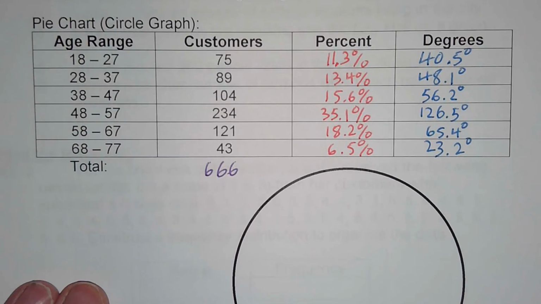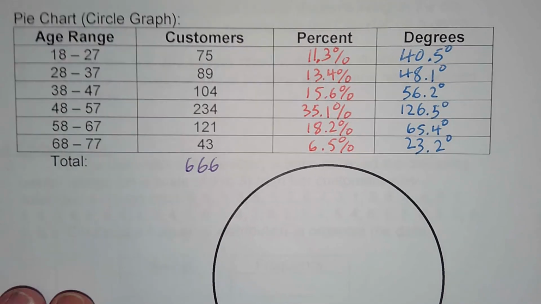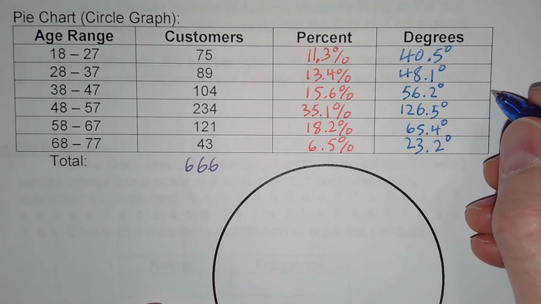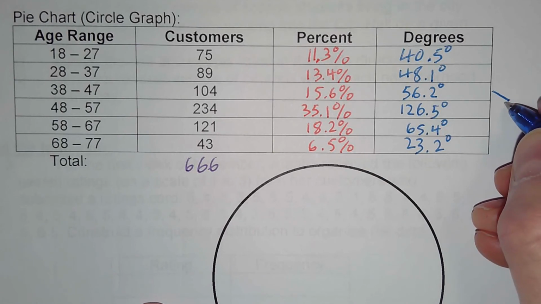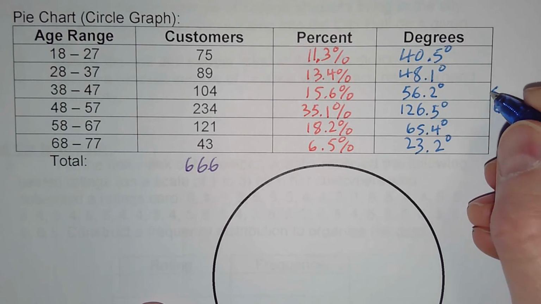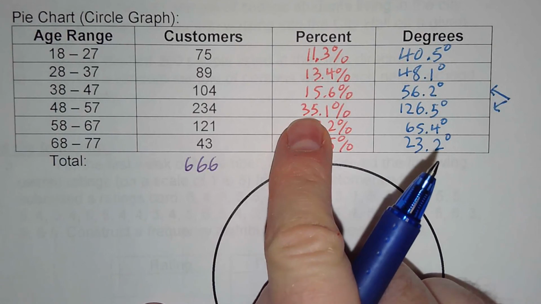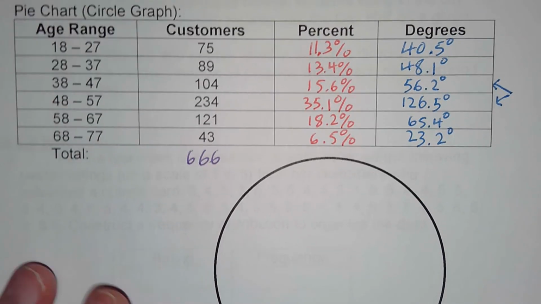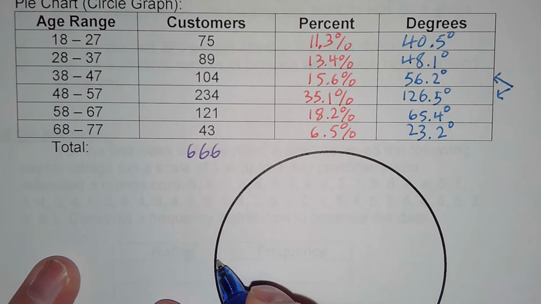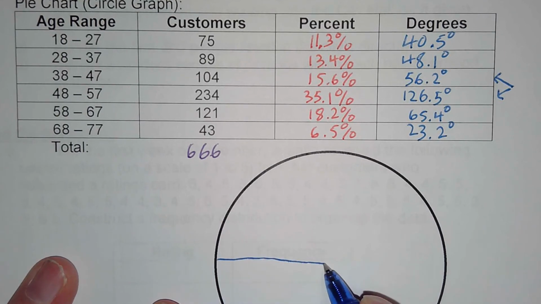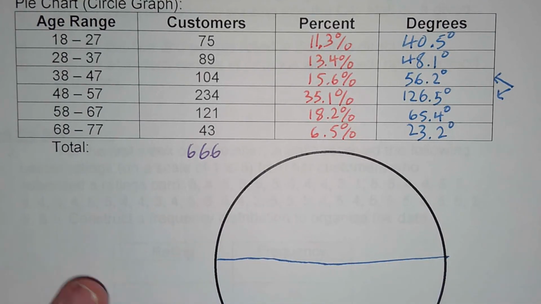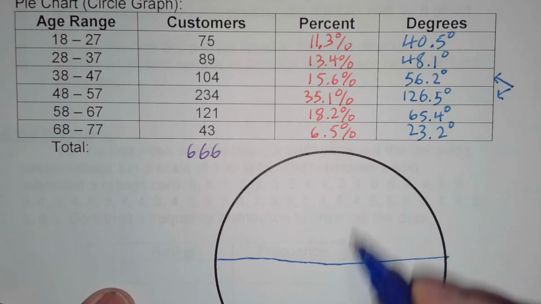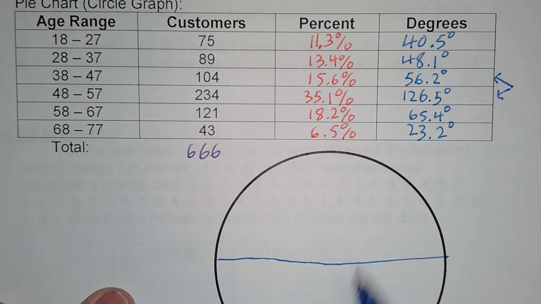And so then to do our graph, if I look at these two chunks here, that's roughly half of my pie chart, a little bit over 50%. So let me just split this thing in half. And so this one here is a little bit more than twice as big as the other one, so I'm going to draw my line going down here.